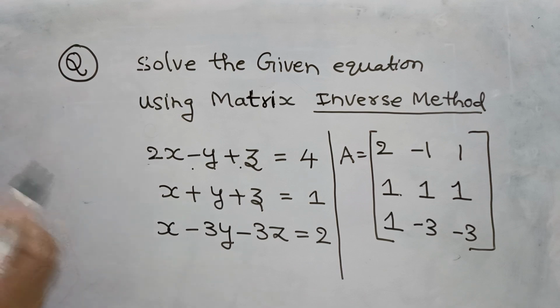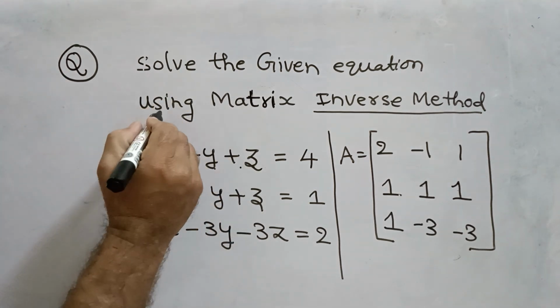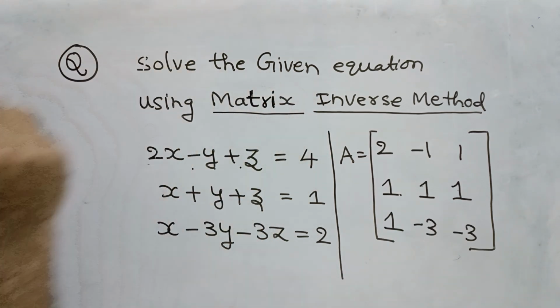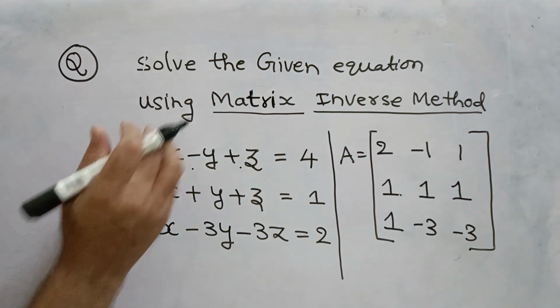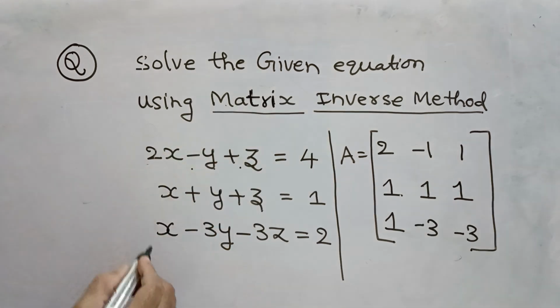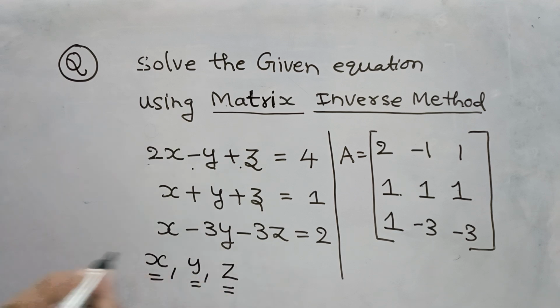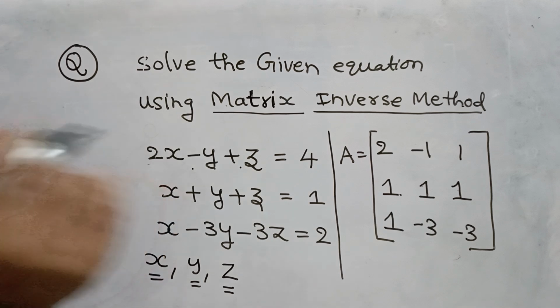So by using this matrix inverse method, we have to find out the values of x, y, z, as we obtained using our Cramer's rule. Let us recall our Cramer's rule.